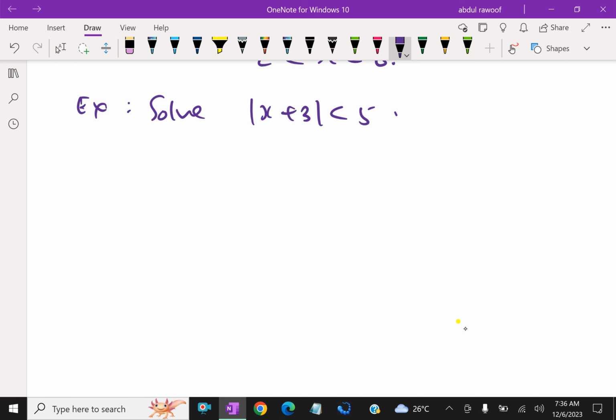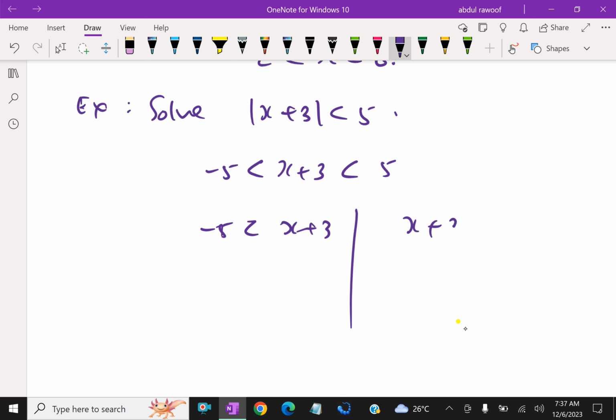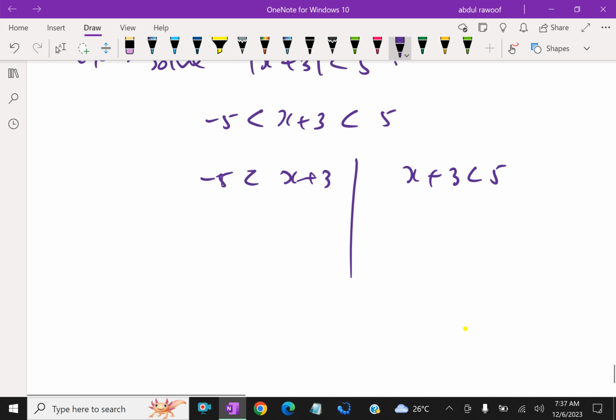Here, x plus 3 is greater than minus 5 and lesser than 5. So we get minus 5 is lesser than x plus 3 and x plus 3 is lesser than 5.